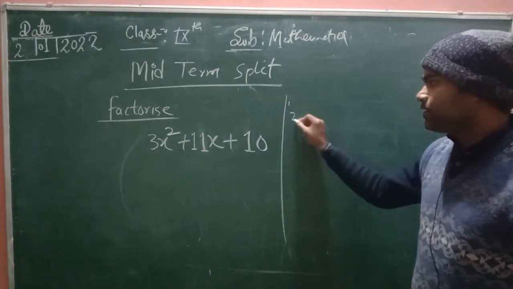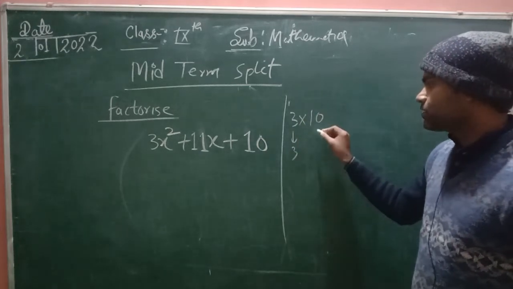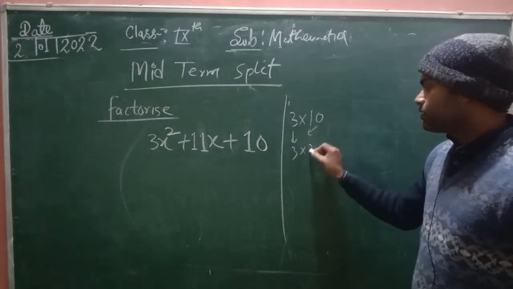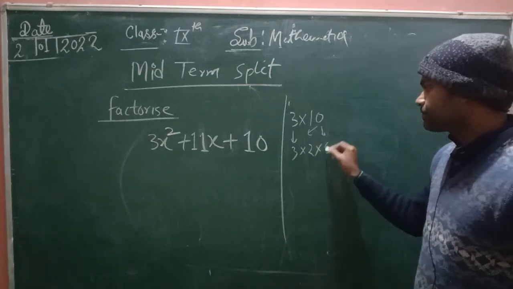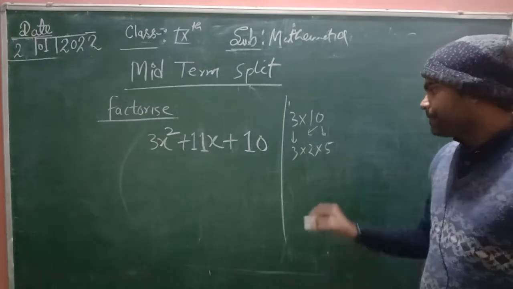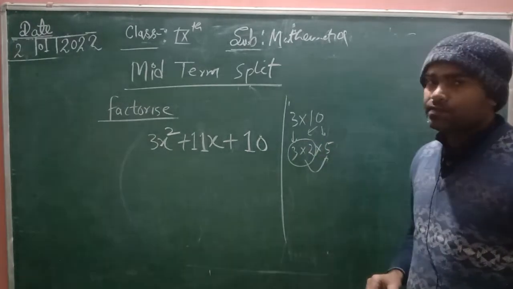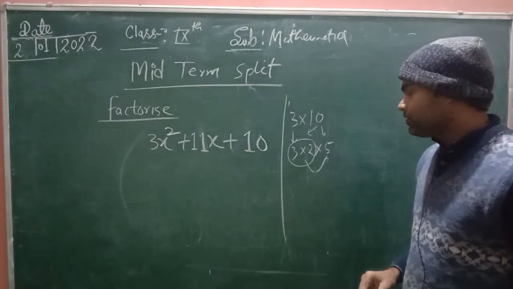So here we will take 3 and 10. 3 has no factors other than 3, but 10 has 2 and 5 as its factors. 3 times 2 is 6, and 6 plus 5 is 11.